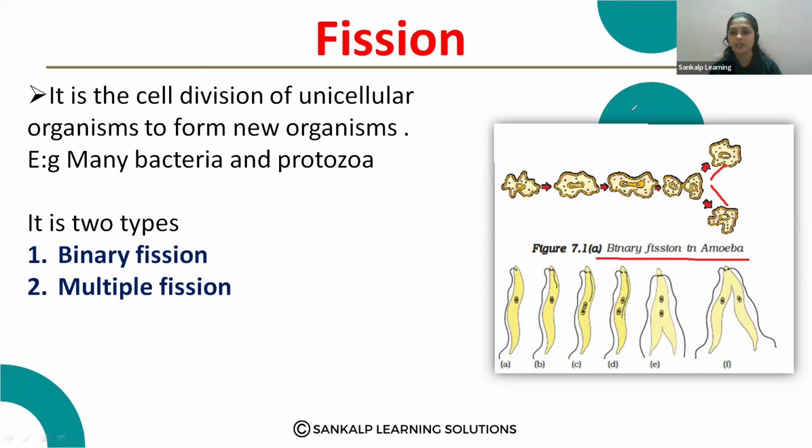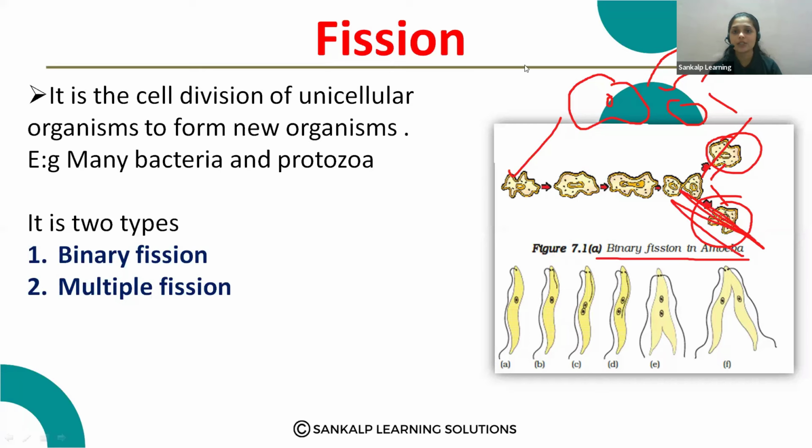A single amoeba divides and forms two new daughter amoebas. This is a type of cell division, called binary fission.